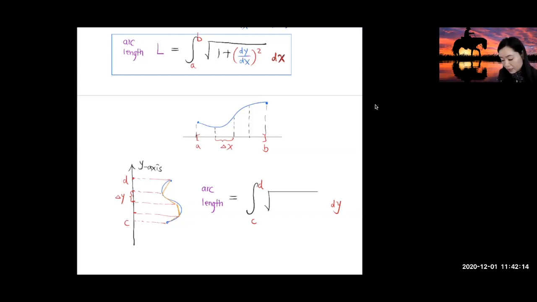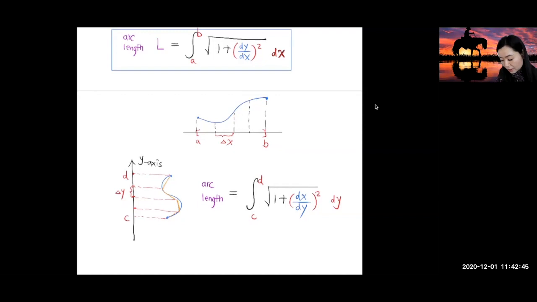So we'll have 1 plus the square of dx dy right there. The idea is similar. So this will be the arc length formula if the arc is like this. Then you can slice it this way and you find this arc length. So I'm going to circle this also.